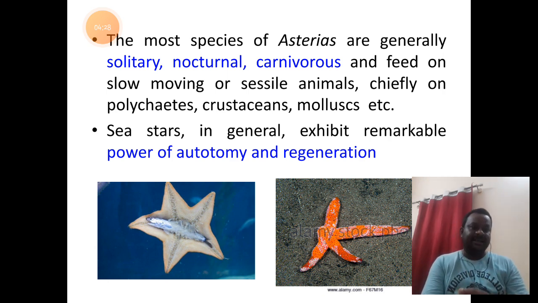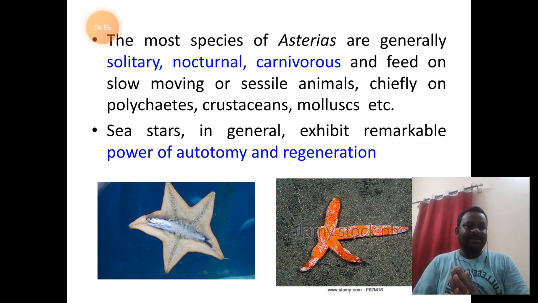It is nocturnal because its active movements are seen only during the night time. And it is carnivorous. This is the organism which will feed on organisms like polychaetes, crustaceans, mollusks, etc. So it is a carnivorous organism.